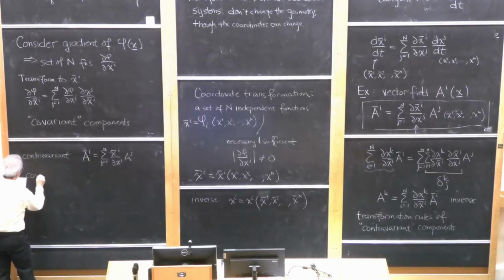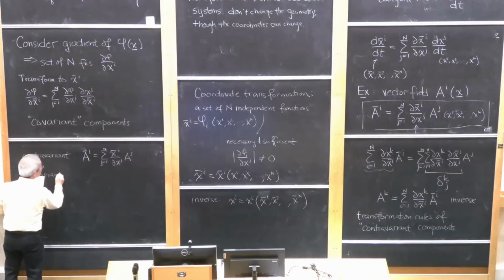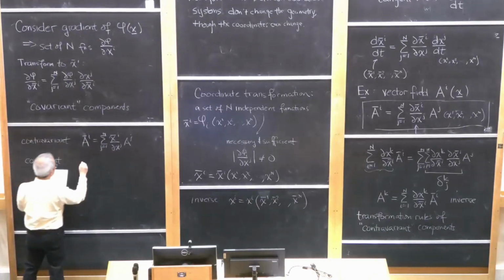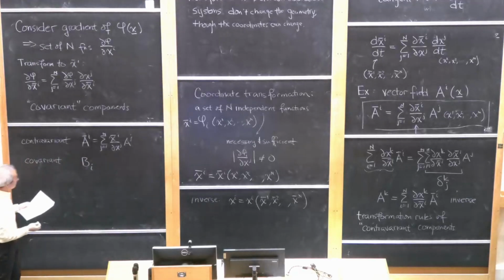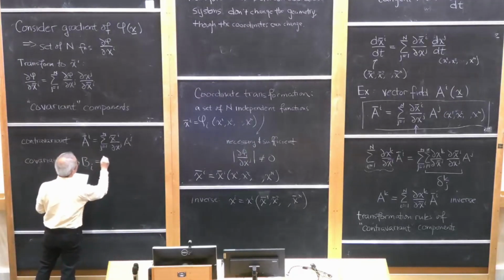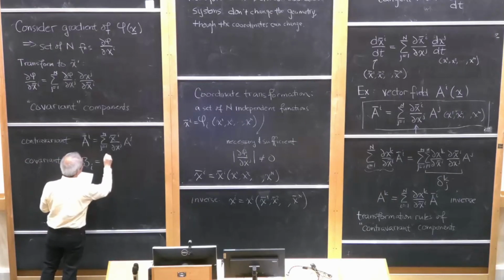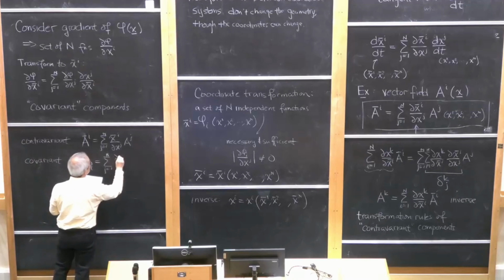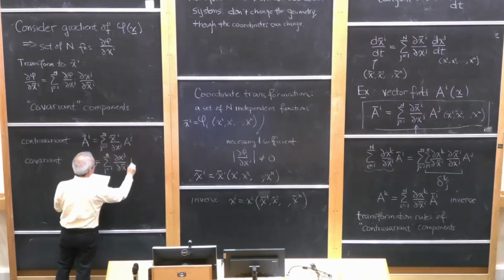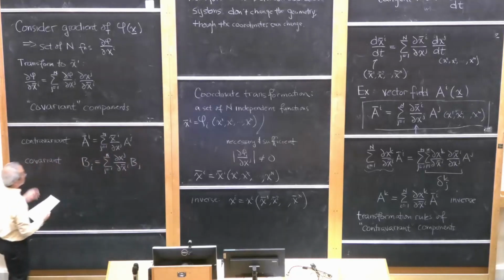And you have covariant, which we will write with a subscript instead of the superscript: b bar i equals the sum from j equals 1 to n of dx j dx bar i b j.